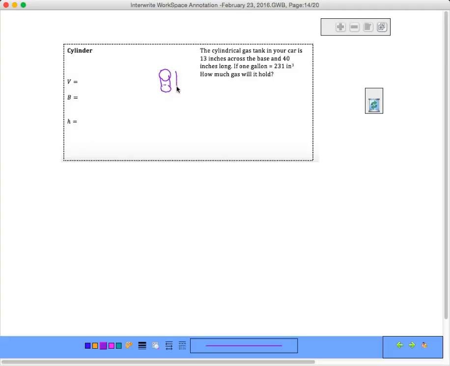okay, we know that it is 40 inches tall and it is 13 across. Okay, so my volume is the area of the base times the height, which we know is pi r squared times h. Here, my radius is half of that 13, so it is 6.5. And then my height here is 40.